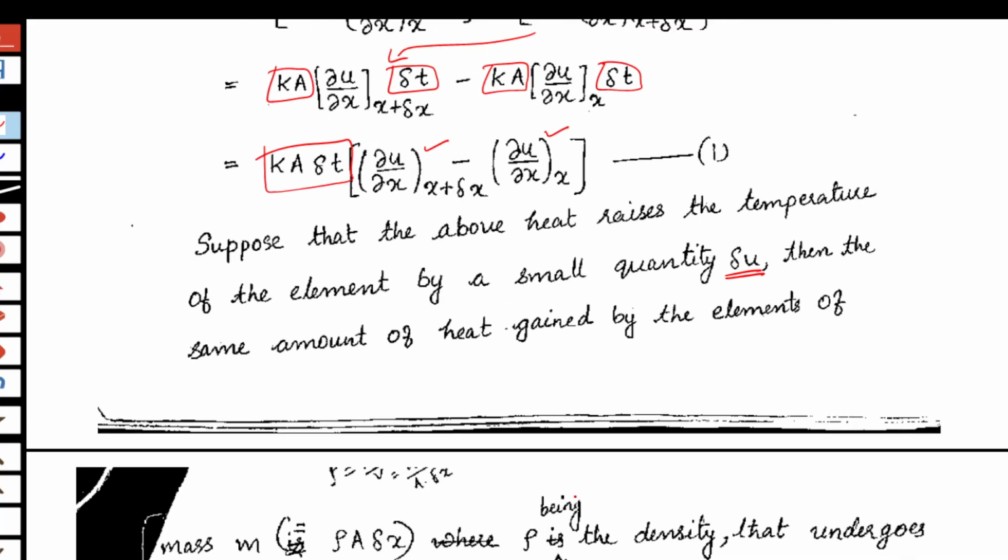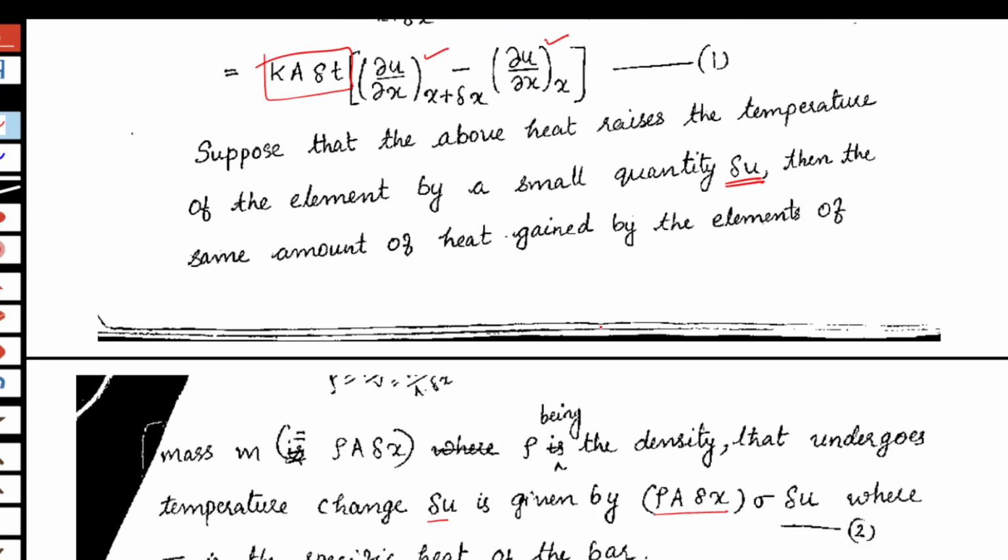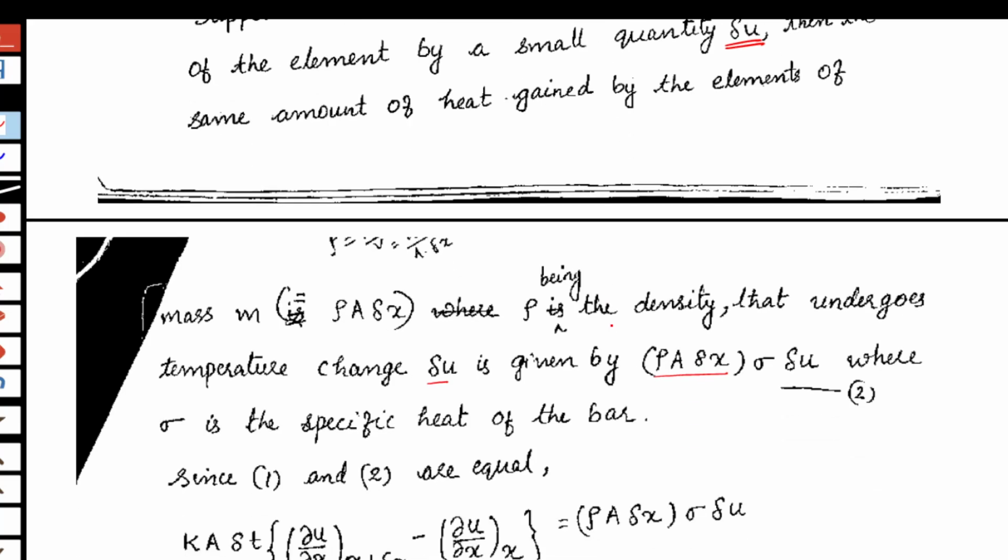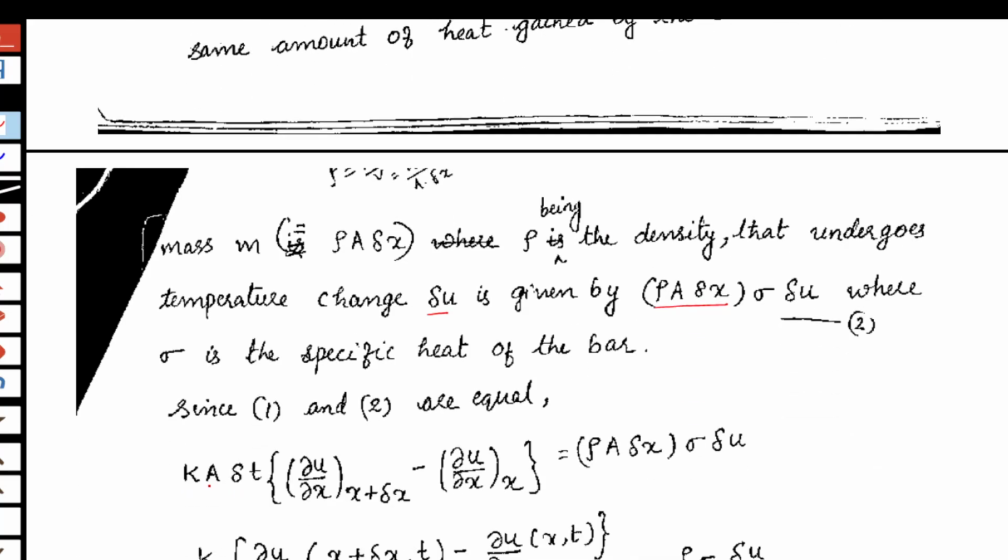Since the heat given by equation 1 and equation 2 are the same, we can equate them, that is KA delta t [∂u/∂x at x plus delta x minus ∂u/∂x at x] is equal to rho A delta x sigma delta u.